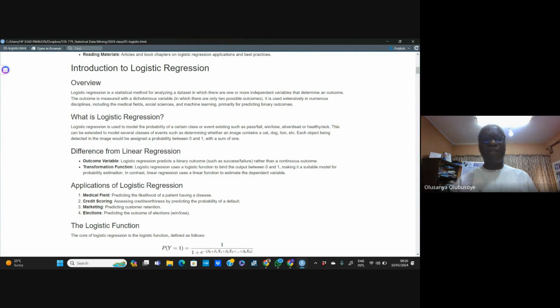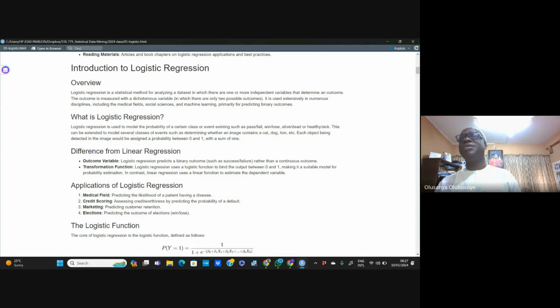The transformation function uses the logistic function so that it will force the outcome variable to lie between 0 and 1. And on that basis, it is now possible to model and estimate probability.